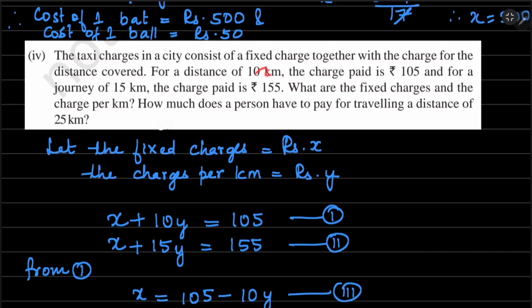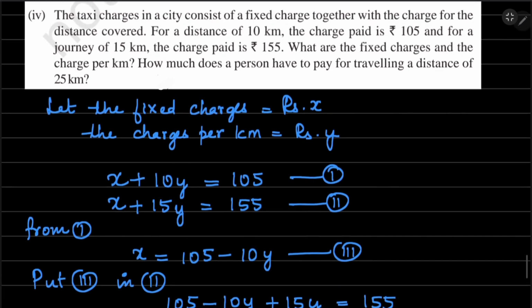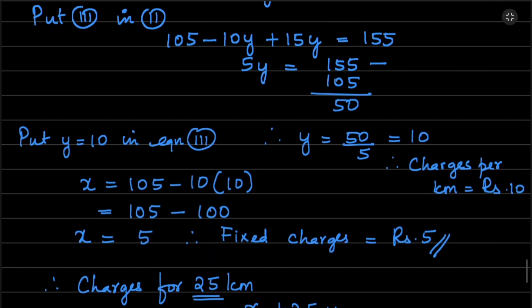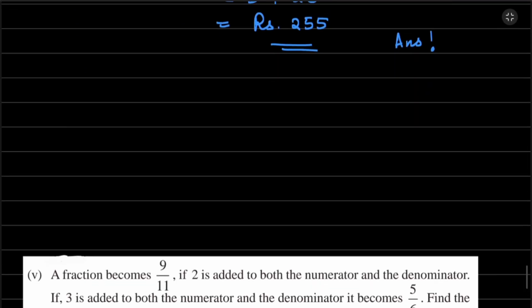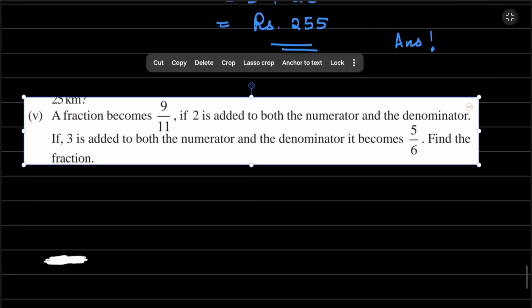For a distance of 10 kilometers, the fixed charge is X plus 10 times Y, where Y is the charge per kilometer. Same way for 15 kilometers, X plus 15Y is equal to 155. Solve for X and Y using the substitution method. Hope you understood. It's a very good question, and it's very important, so you have to practice this.